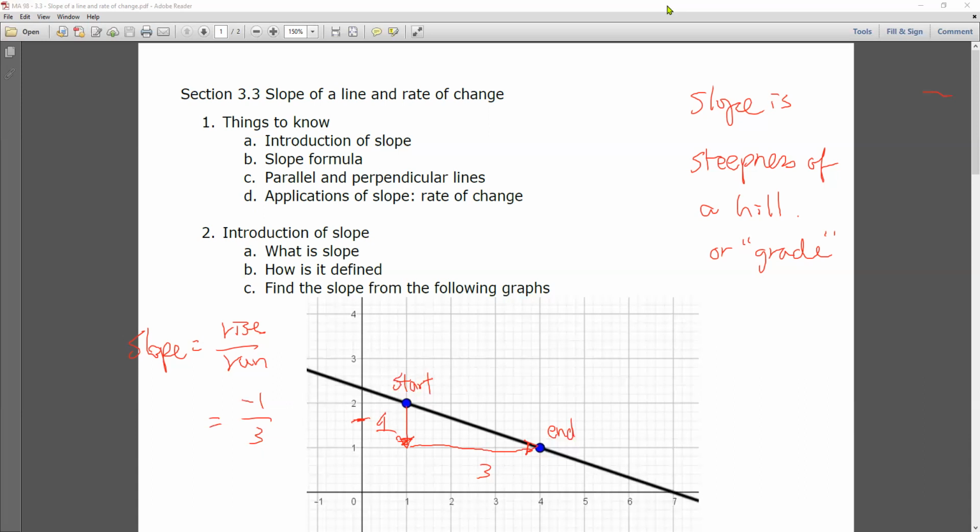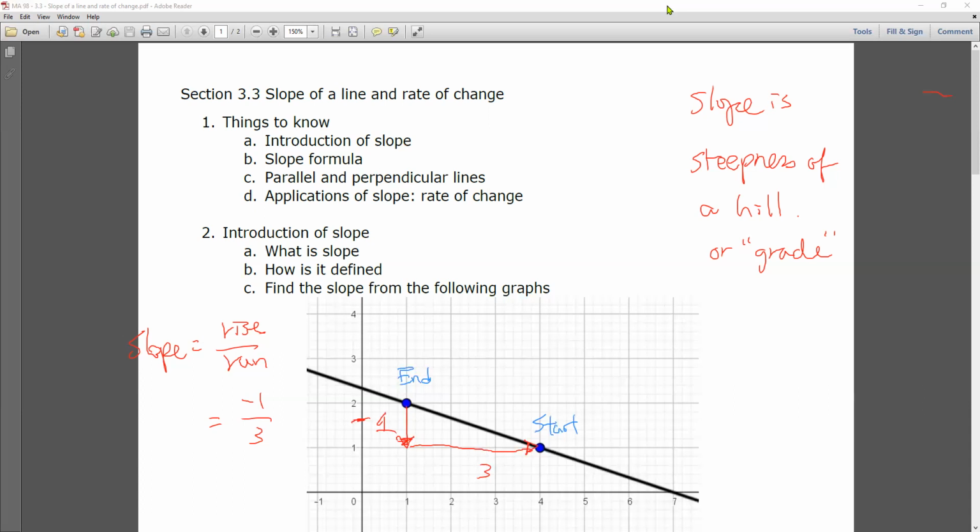Now again, you could switch the points. So for example, instead of calling the first point starting point and the second point the end point, you could technically switch things around. So now if I call this point the starting point and this point the end point, the slope of the line should be the same, because all we did is just switching points.